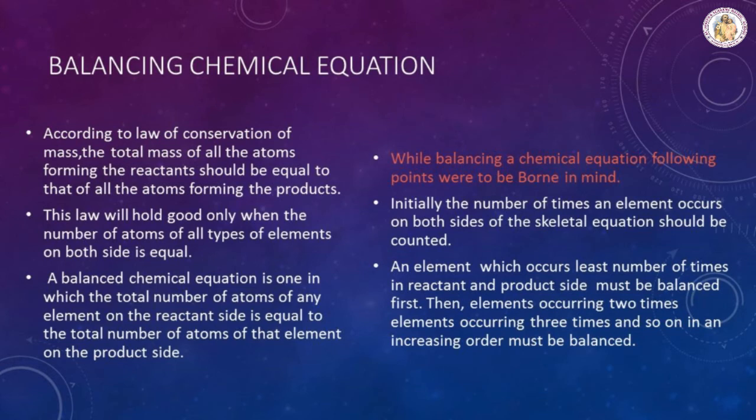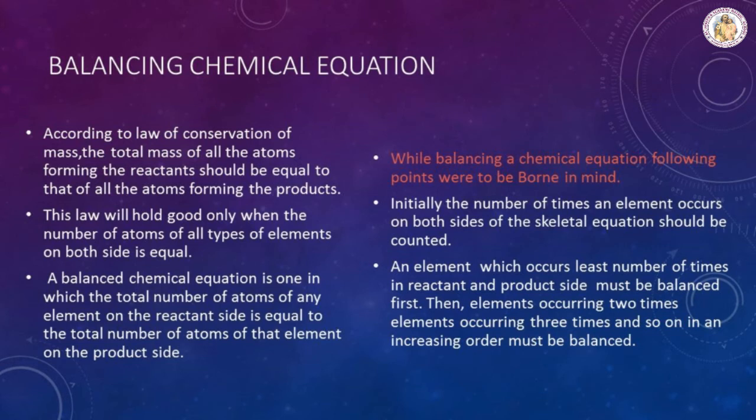Balancing chemical equation. According to the law of conservation of mass, the total mass of all the atoms forming the reactants should be equal to that of all the atoms forming the products. This law will hold good only when the number of atoms of all types of elements on both sides is equal.